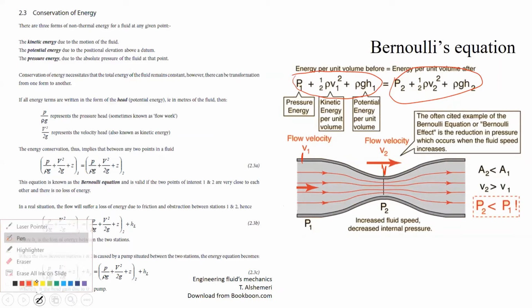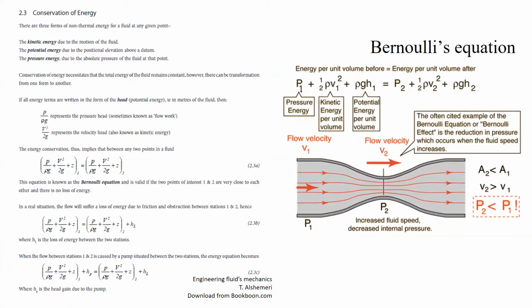The energy has three components: pressure energy, kinetic energy per unit volume, and potential energy. So at point 1, there will be pressure energy, kinetic energy, and potential energy per unit volume, denoted by these figures.